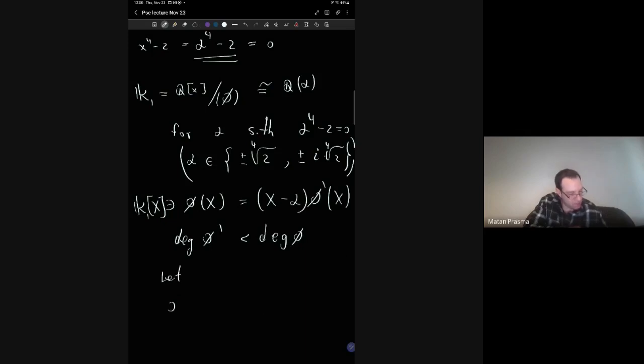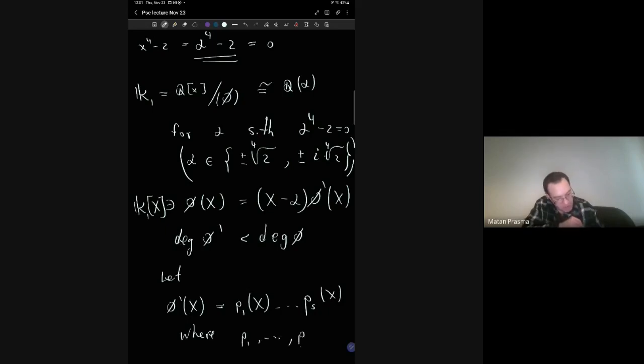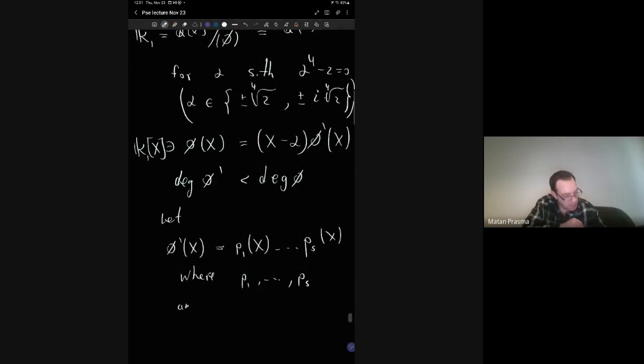Let phi double prime of X equal P1 of X up to PS of X, where P1 up to PS are prime over K1 of X. I mean, prime in K1 of X. Okay, some of them may be linear.